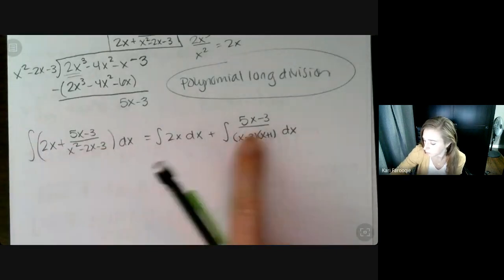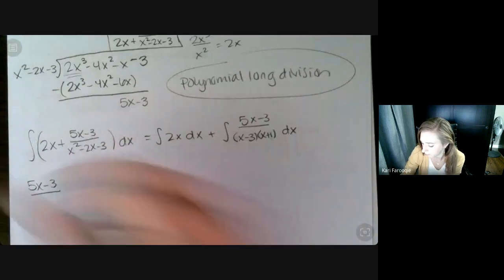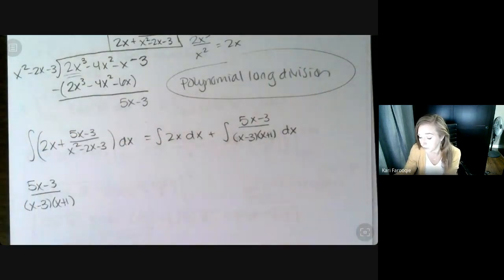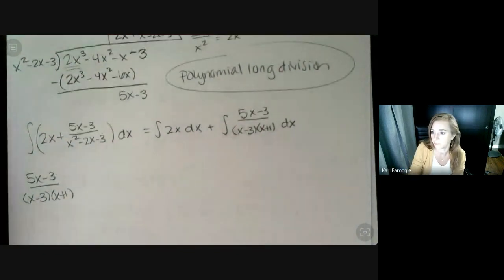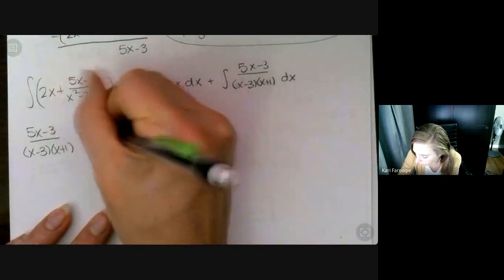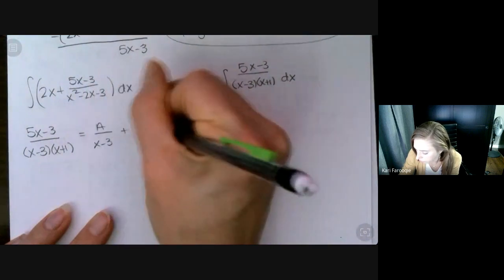For now, we're going to focus on rewriting the integrand 5x minus 3 divided by x minus 3 times x plus 1 as the sum of two fractions. So this is going to be A, and you can choose whatever variables you want. This is pretty standard to just use A and B.